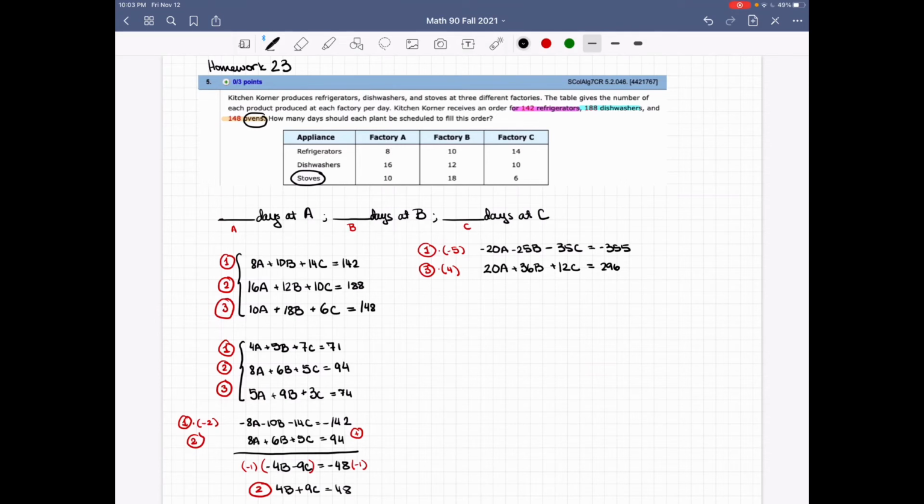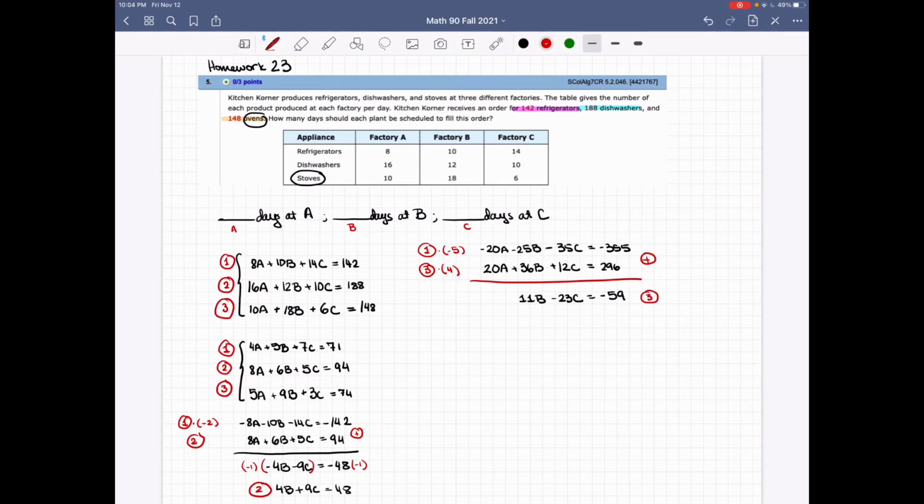So when I add these together, I get 11b minus 23c is equal to negative 59. All right, so now I want to get rid of b here. This is my new equation 3.